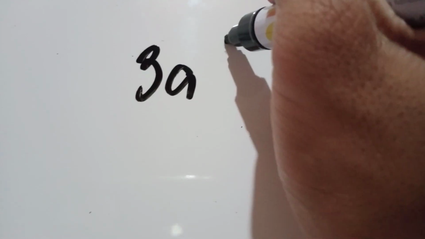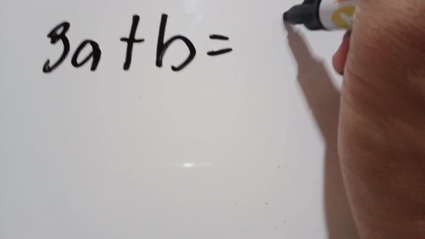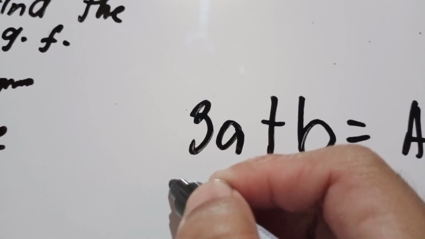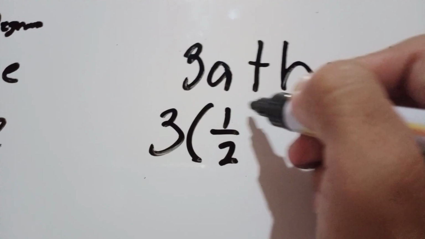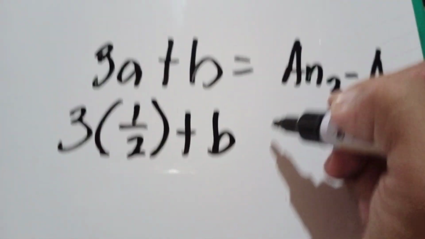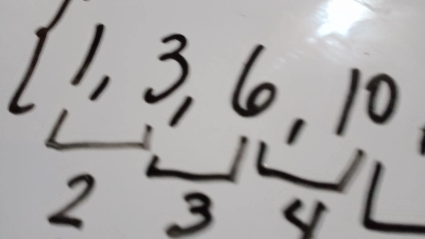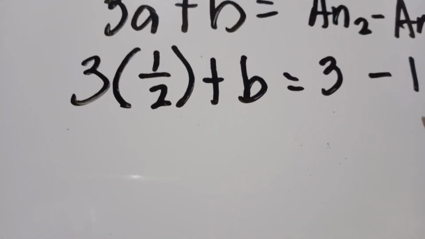Substitute a with 1/2, plus b since b has no value yet. The a sub 2 is 3, minus a sub 1, which is 1.